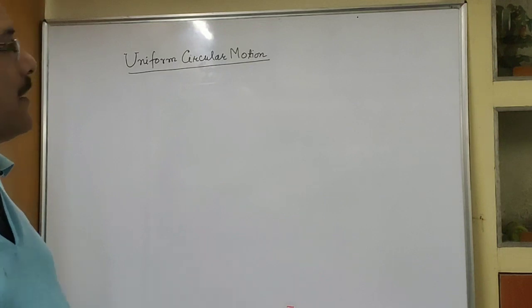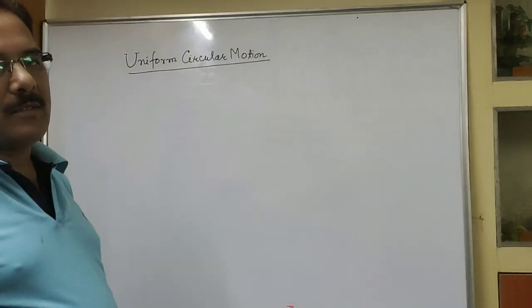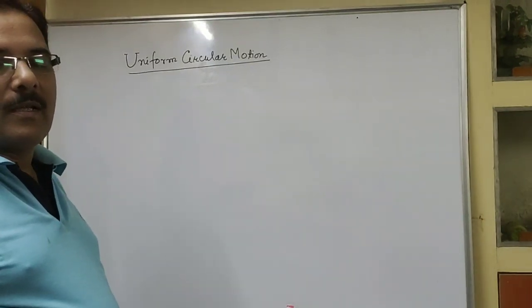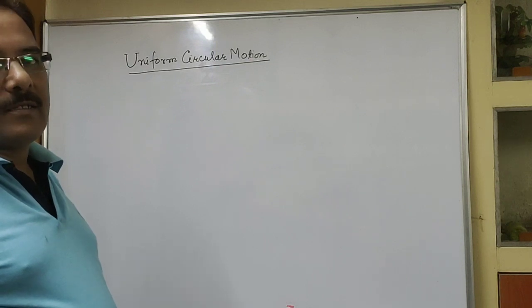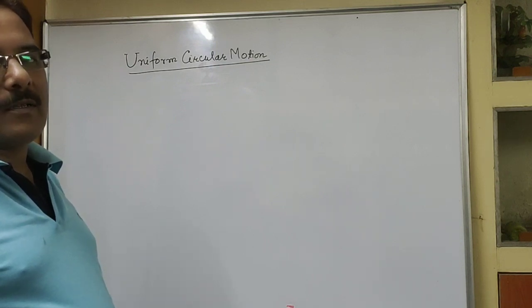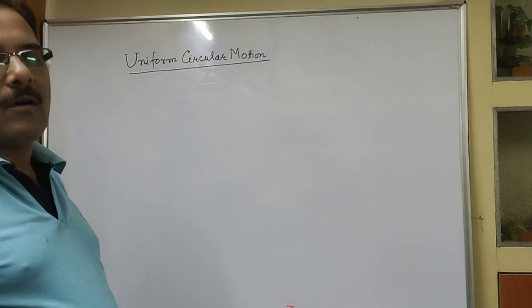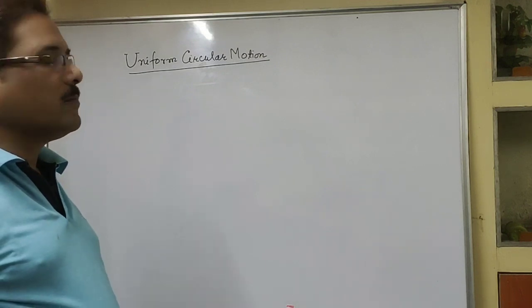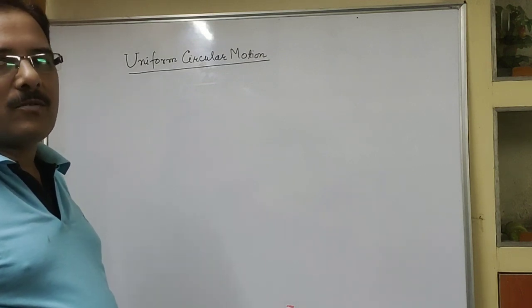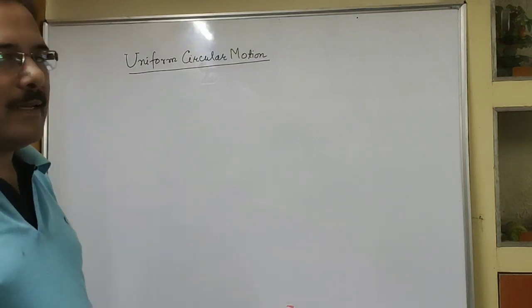So it is clear that the object is moving in a circular path but uniformly. It means when an object moves in a circular path with constant speed or with uniform speed, its motion is called uniform circular motion. So write these lines.